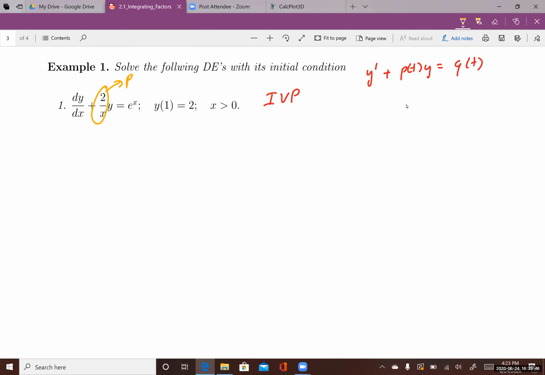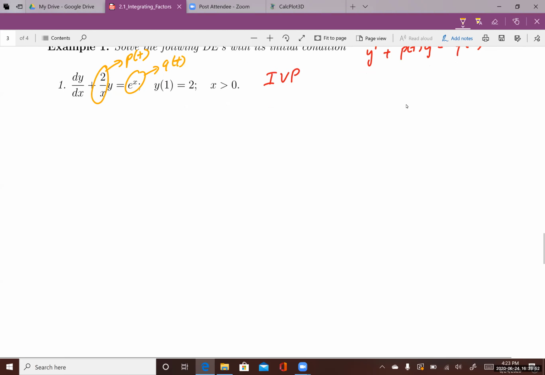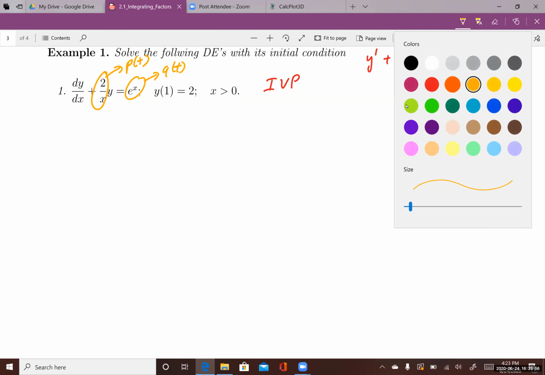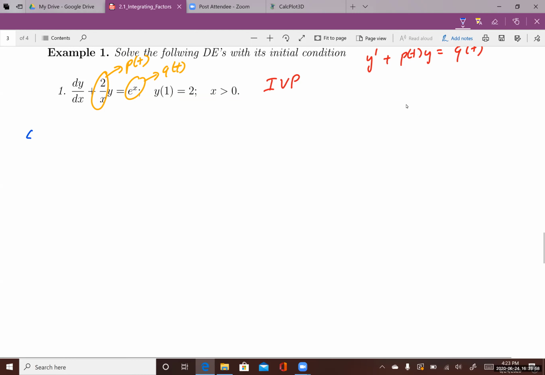So this is p(t), and this is q(t). All right, so the first step if you want to use an integrating factor is step 1: you want to find mu of t, and mu of t equals e raised to the integral of p(t) dt.